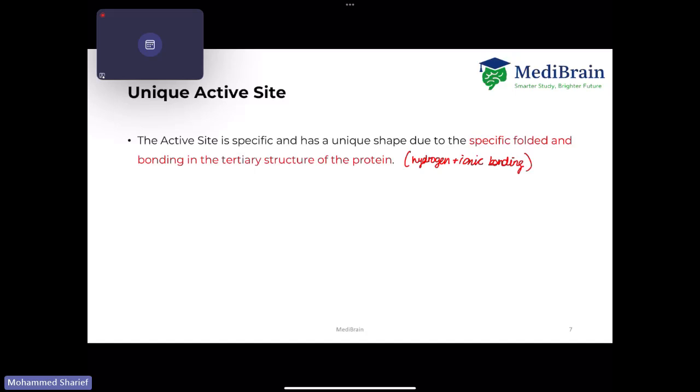We don't know where these bonds are going to be formed. It all depends on the specific primary structure, the specific sequence of amino acids. We don't know if it's going to be an alpha helix or a beta pleated sheet. We don't know the folding. It could fold like this, completely random, or it could fold something like this.